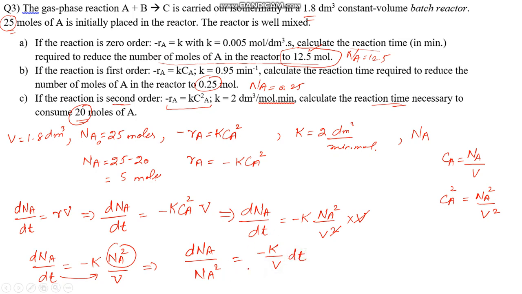Okay, so just moving to the next slide, so we have more space. dNA by Na square is equal to minus K over V dt.